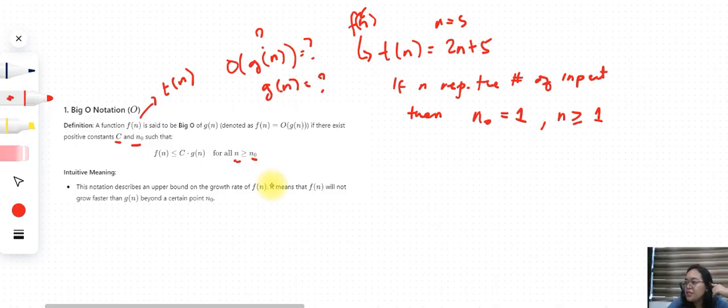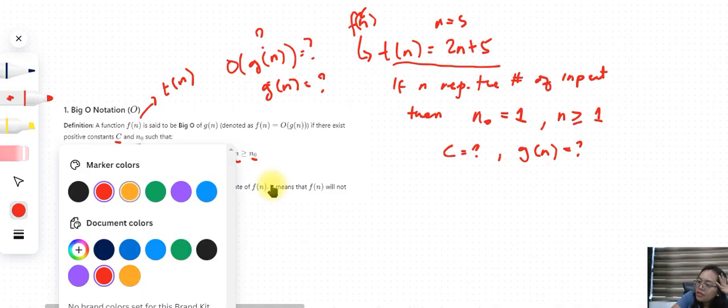Now, the next is we need to find the g of n and this constant c. So we still don't know our c and we still don't know our g of n. If we want to find the upper bound of our t of n, let's write our t of n as f of n here.